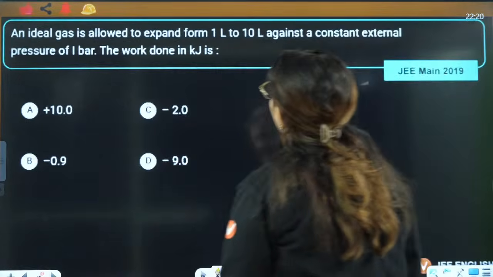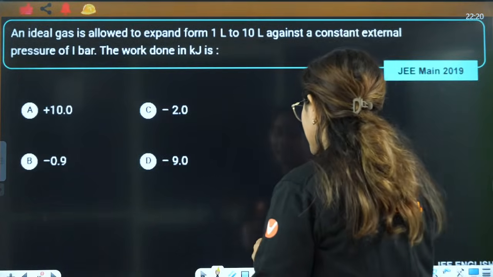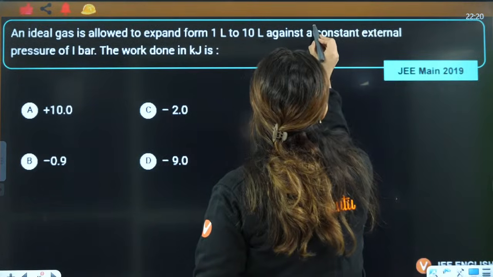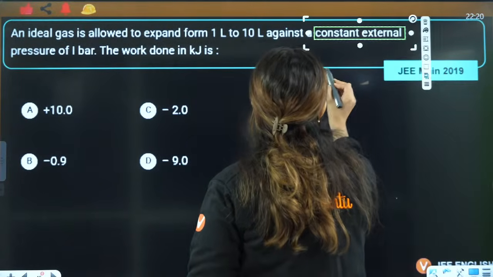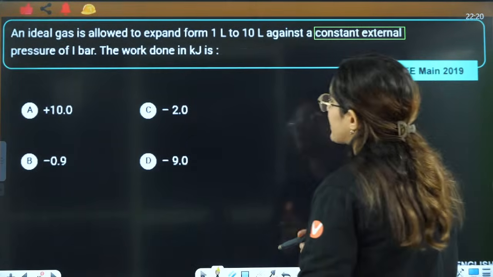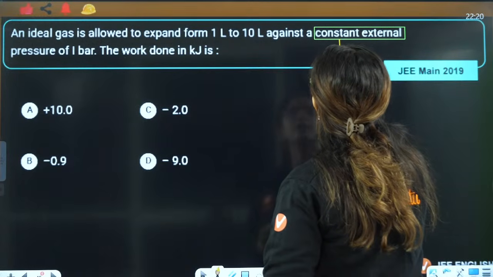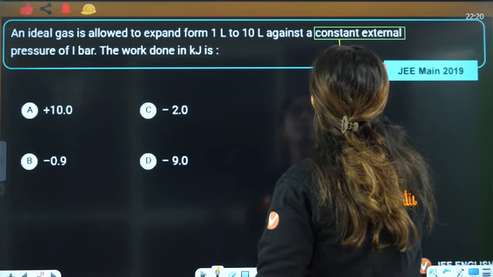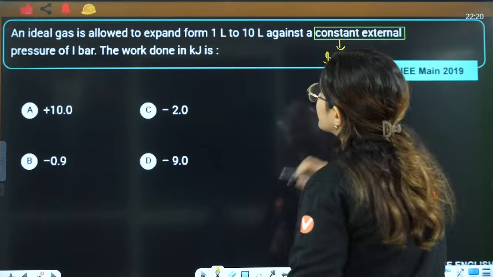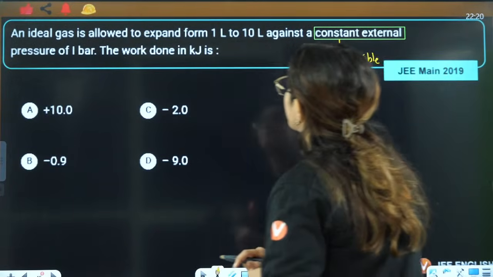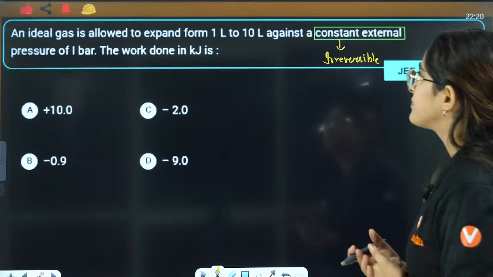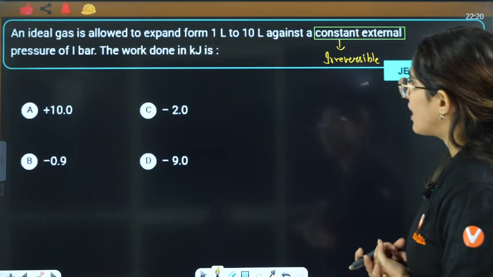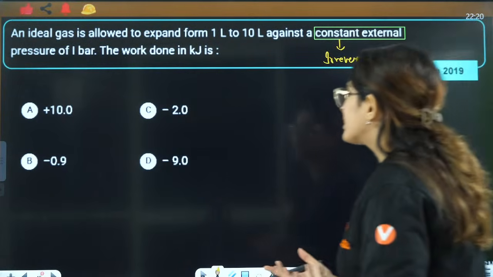Have they said it anywhere? Yes, ma'am. They are saying against a constant external pressure. That means they are talking about an irreversible process, right? They have given you volume change, they have given you P external, and work done they are asking you.